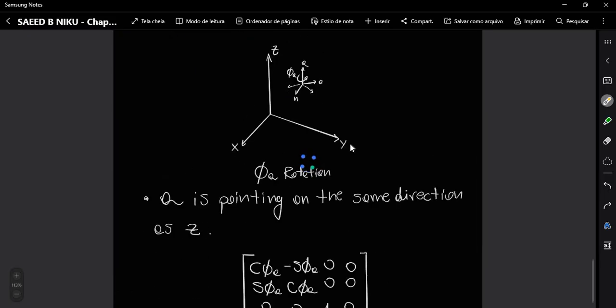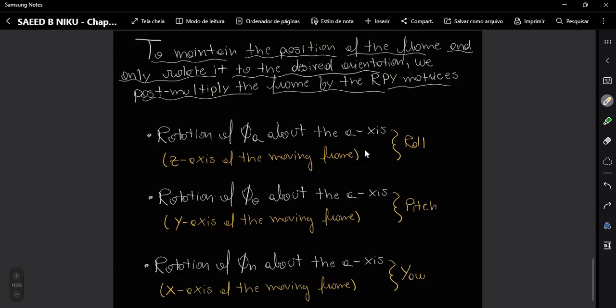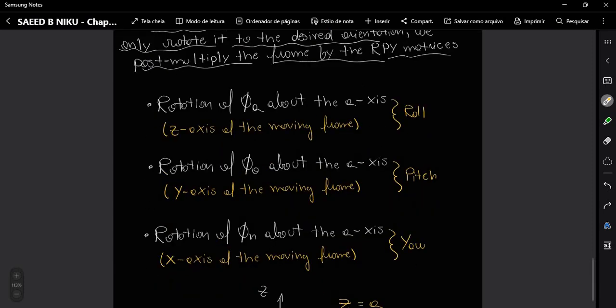And actually I have already drawn something. As you can see, from now we will use these angles of roll, pitch, and yaw.